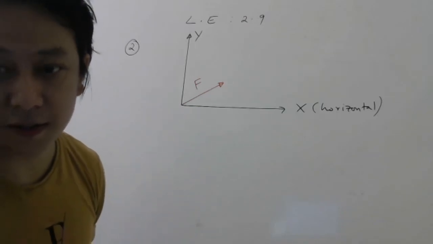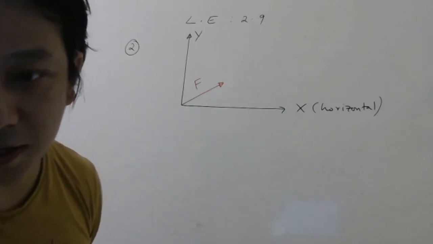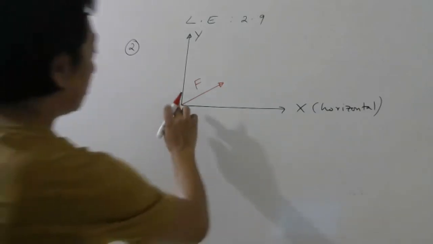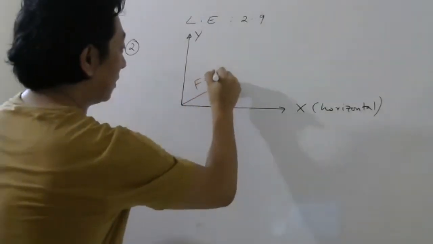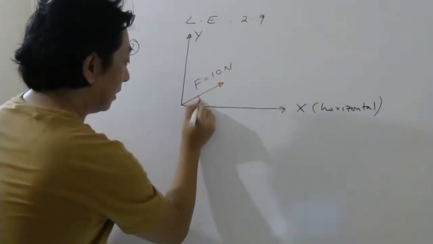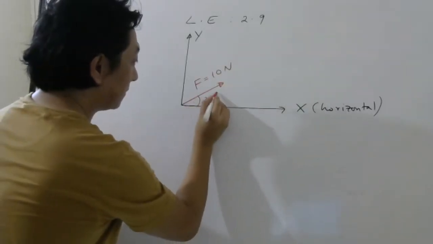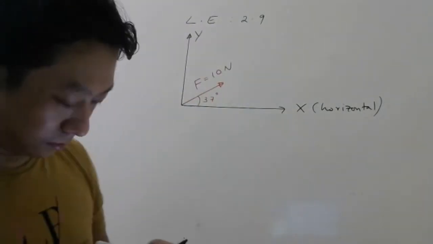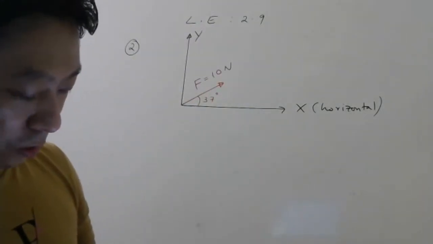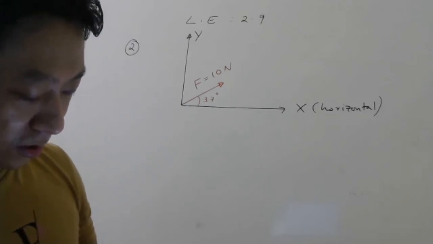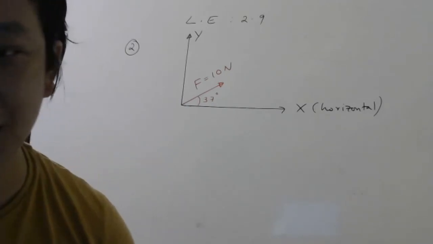So this is force vector. Magnitude is given 10. Angle is given 37 degree. What they are asking? Find the component of the force in the horizontal and vertical direction.